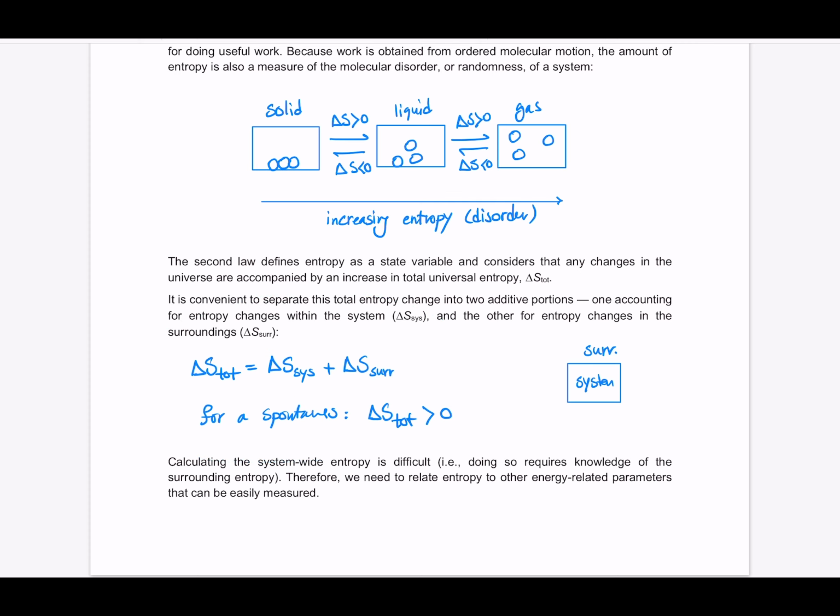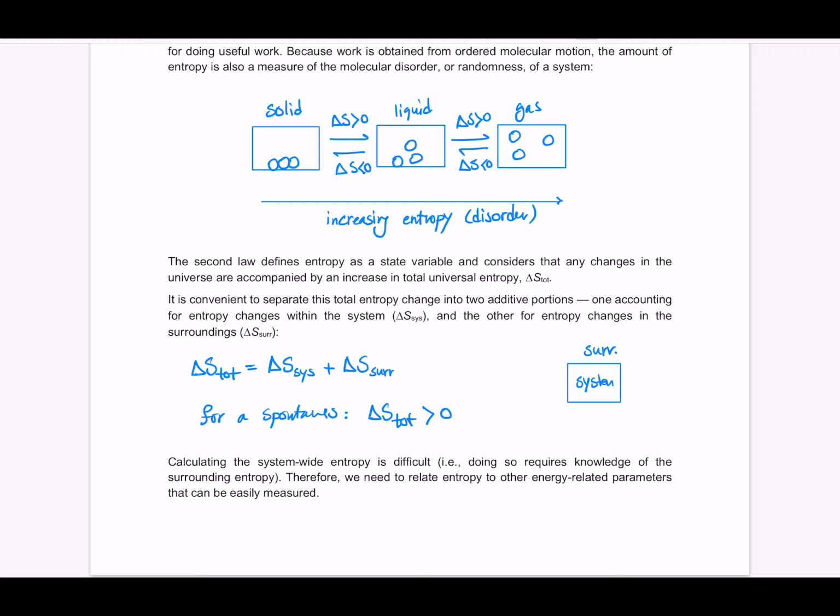So that's what we had from general chemistry, where the delta G must be a negative value to have a spontaneous system, but here it is delta S. And the key here is the total. The total entropy of the universe for a spontaneous process is always increasing. It's neither the system nor the surroundings.